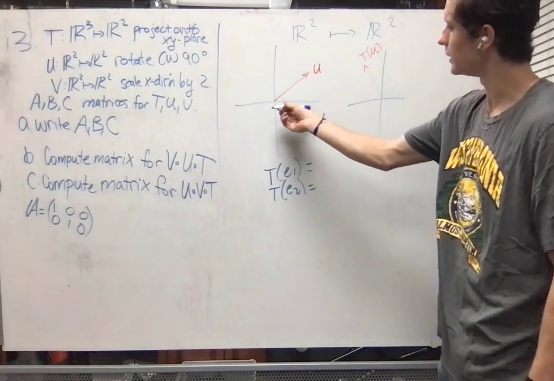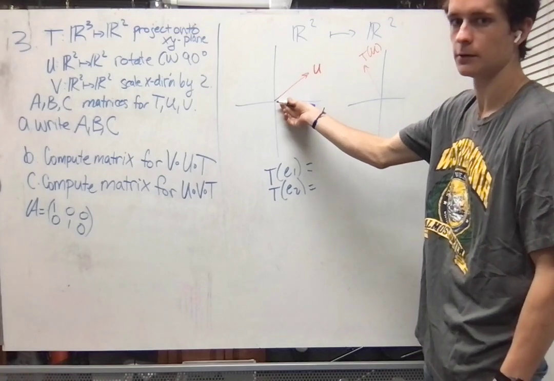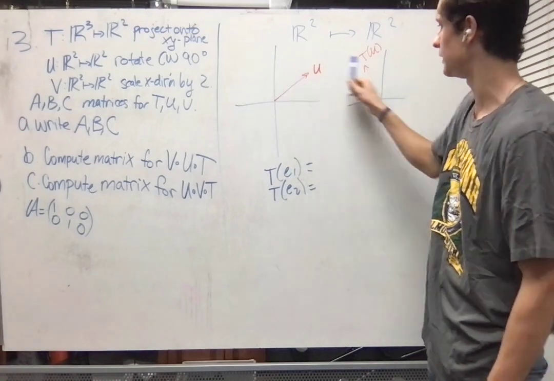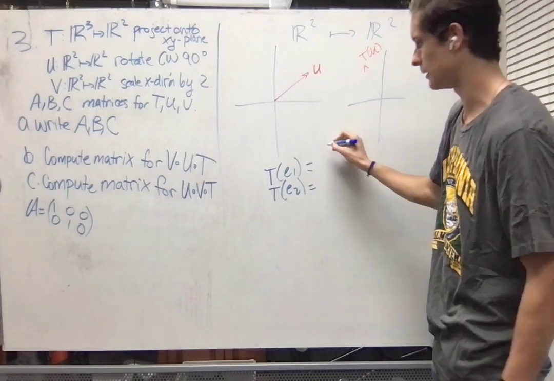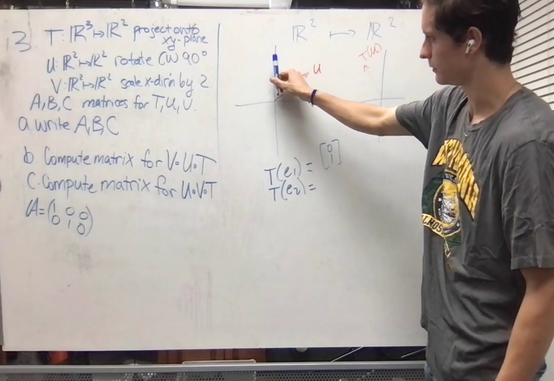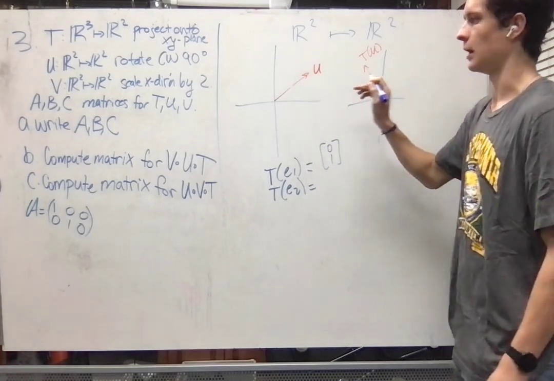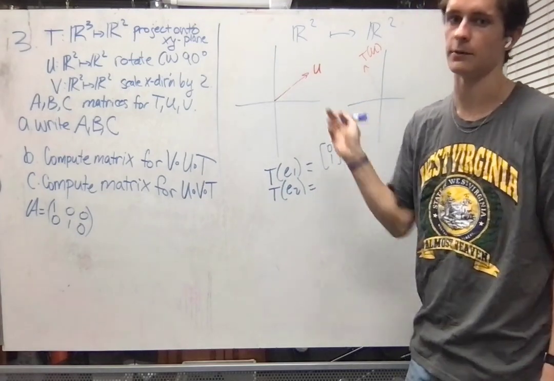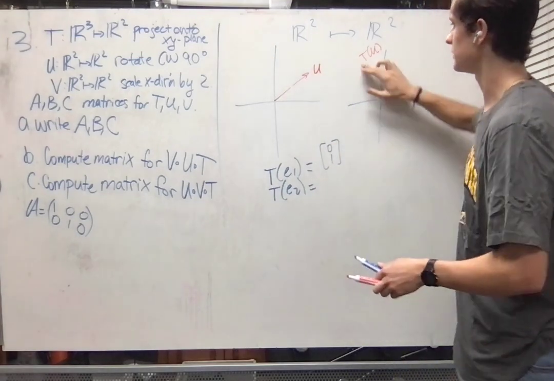So E1 is this vector 1, 0. So it's very easy to see that T of E1 is just going to be rotated right here. So it's going to be 0, 1. And E2 starts right here. Sorry. U rotates clockwise. I was doing the transformation counterclockwise. But that's okay. That's an easy fix.